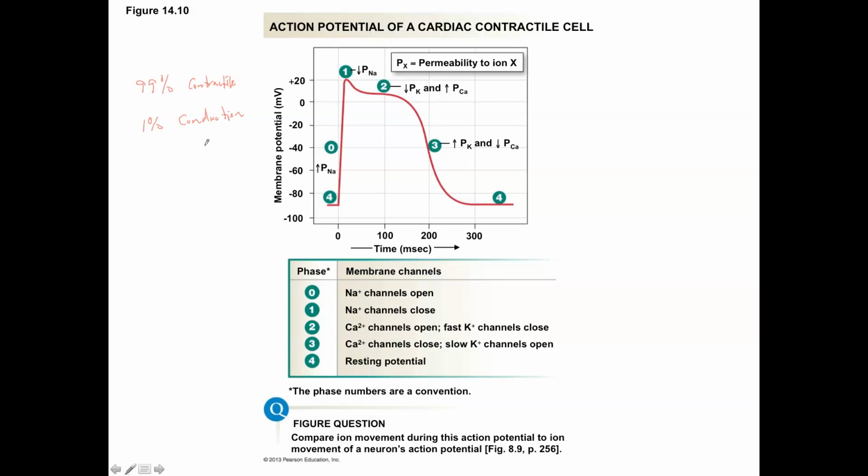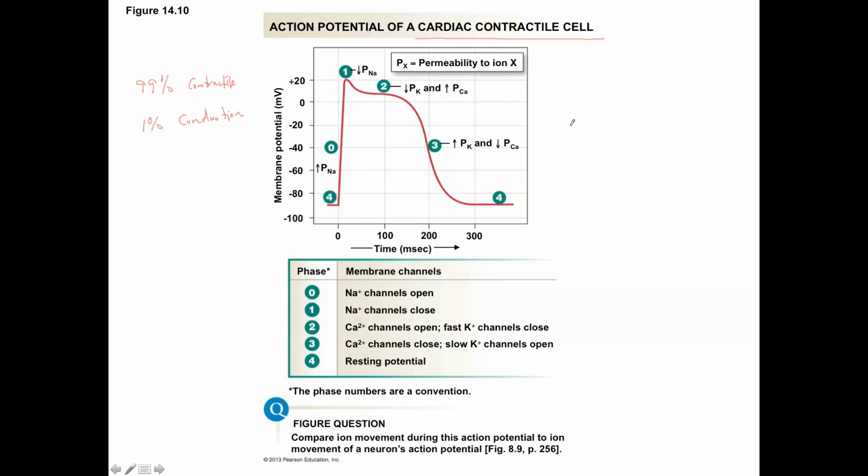So let's start with the action potential of the cardiac contractile cells. Again, these are the cells that are going to be pumping blood to the lungs and to the body. Those cardiac muscle cells generate a specific type of action potential.